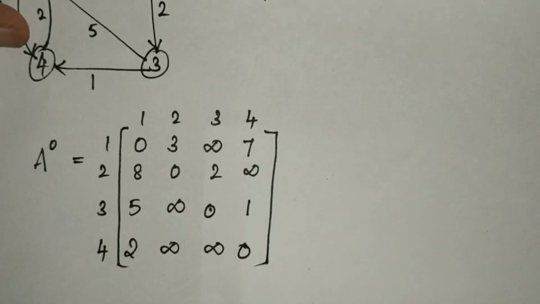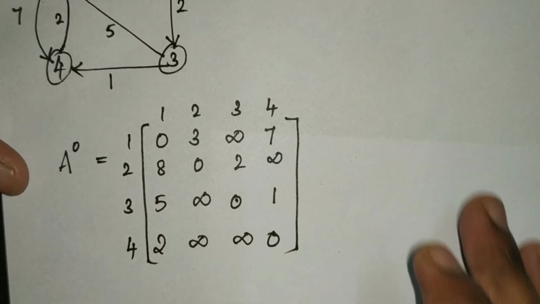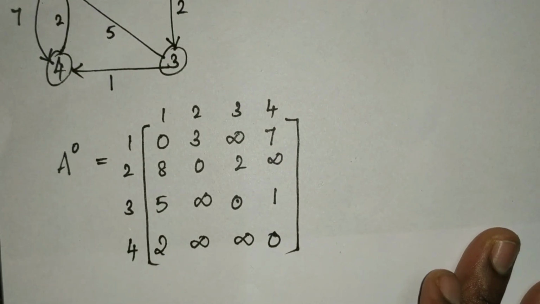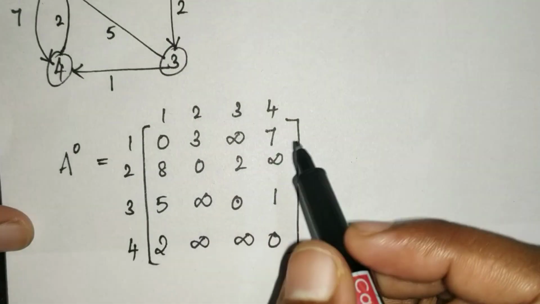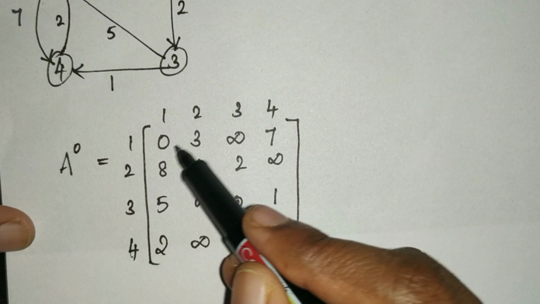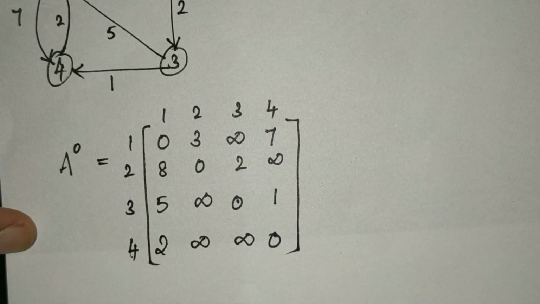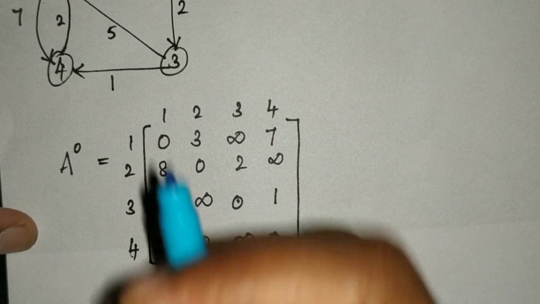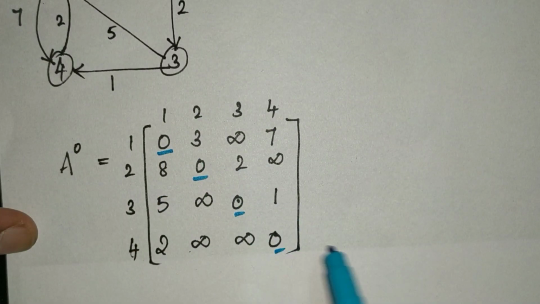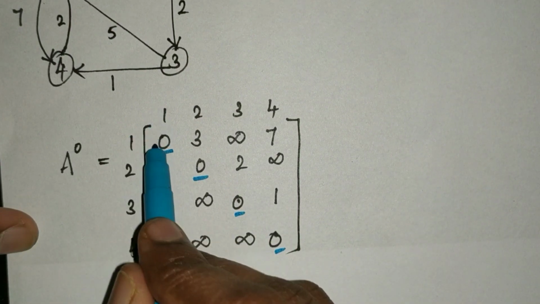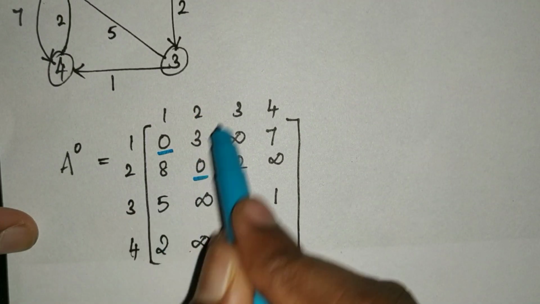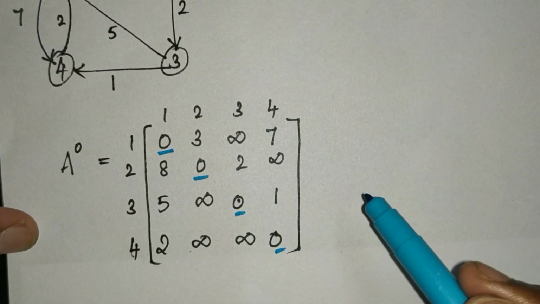Before doing that, first we want to have the initial matrix, that is the distance matrix. Here we have the distance matrix I have already written. So A0, we have 4 vertices, 1, 2, 3 and 4. And all the diagonal entries, if you could see here, are filled with zeros because there is no self loop. So the cost between 1 to 1 is 0. Similarly from 2 to 2 it is 0, and from 3 to 3 it is 0, and 4 to 4 it is 0.